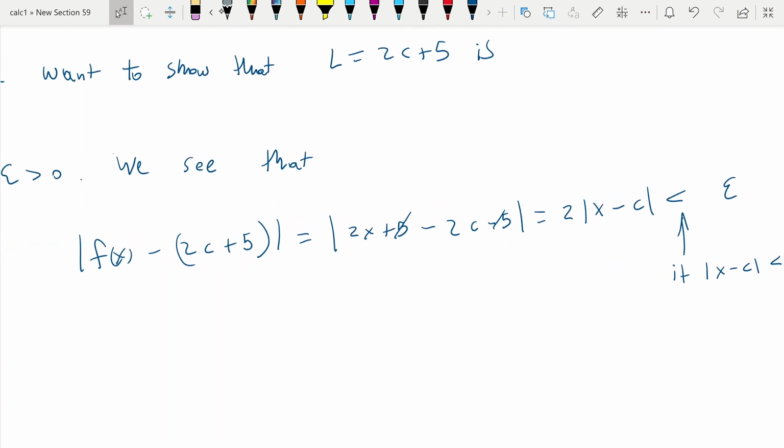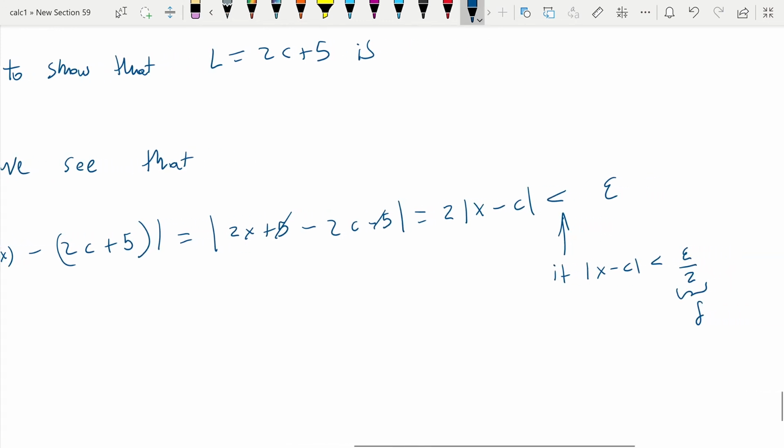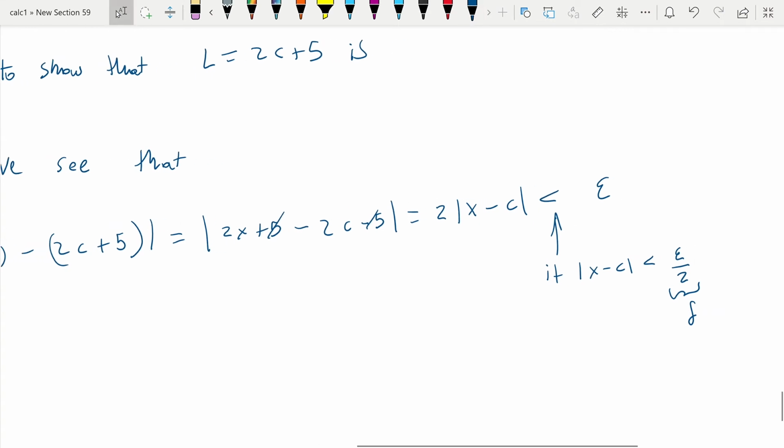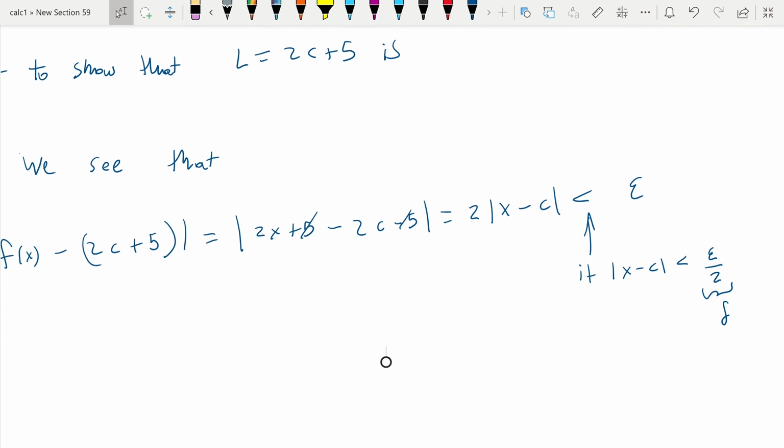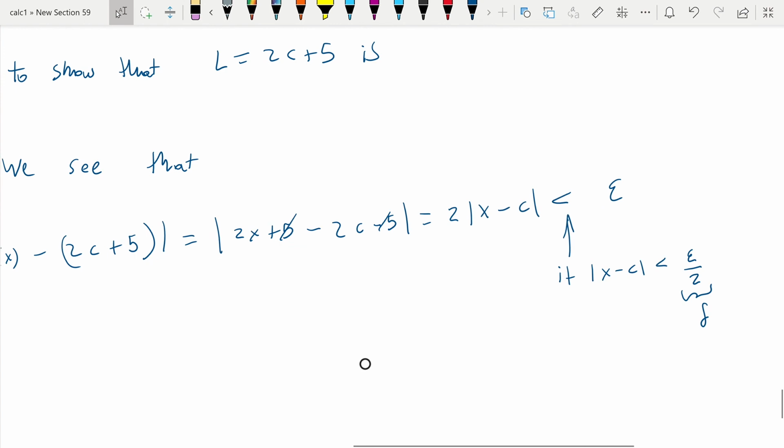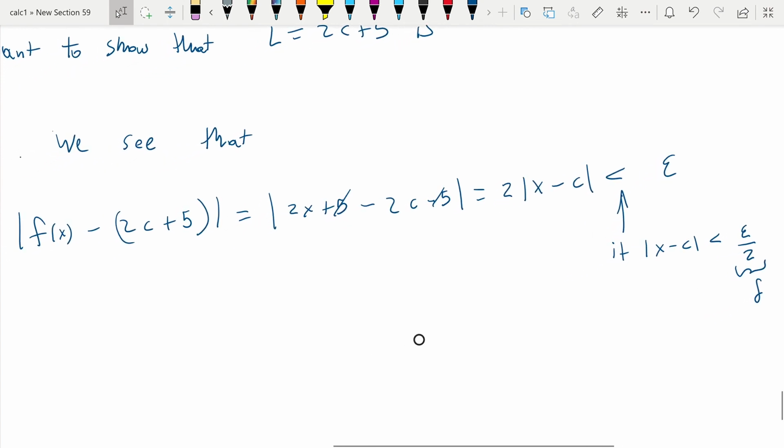Of course, if you want to be really close to the limit, then x has to be very close to c. So depending on how small epsilon is, delta may need to be chosen even smaller than epsilon. In this case, it's just a fraction of epsilon. But the smaller the epsilon, the smaller the delta usually.